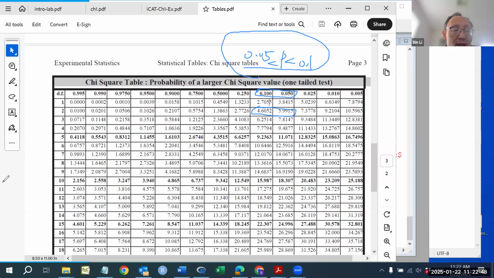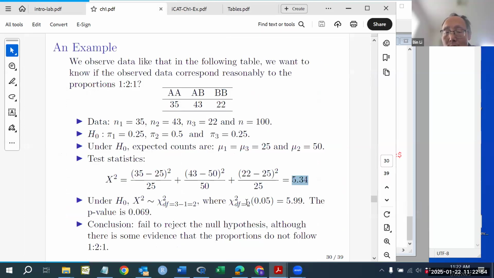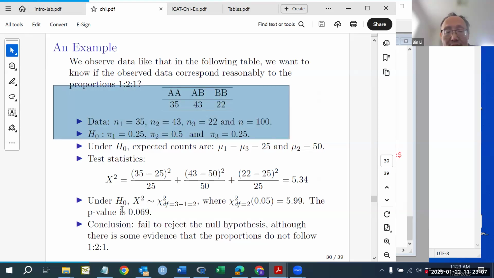The p-value from the software is 0.069. If you have this question in the exams, you can just write out the range, saying the p-value is between 0.05 and 0.1. That's fine.